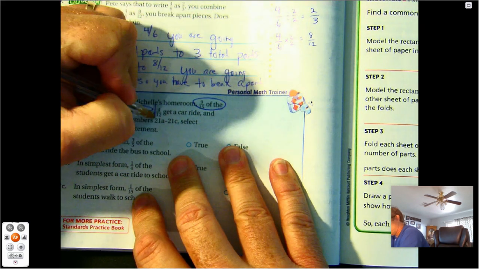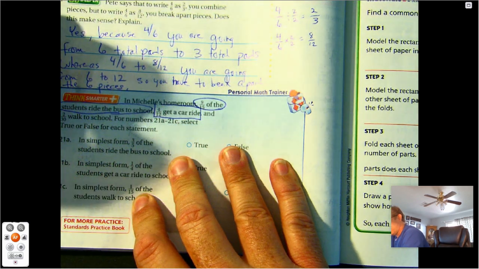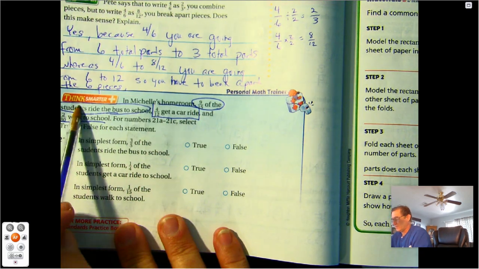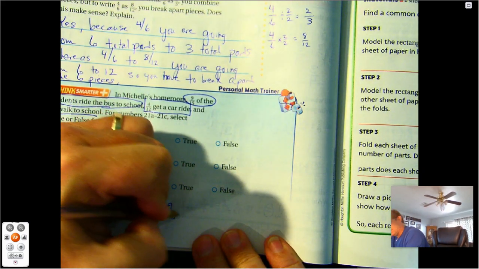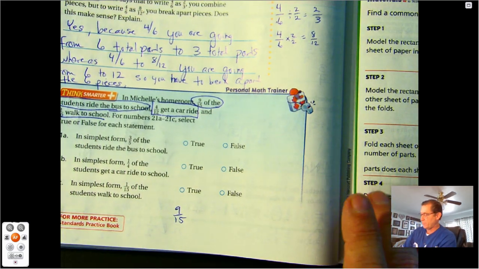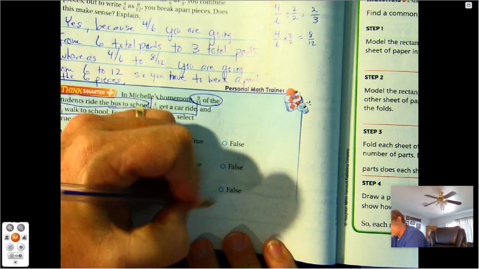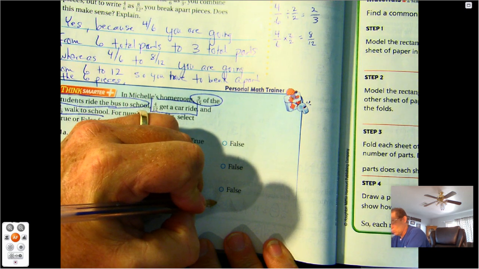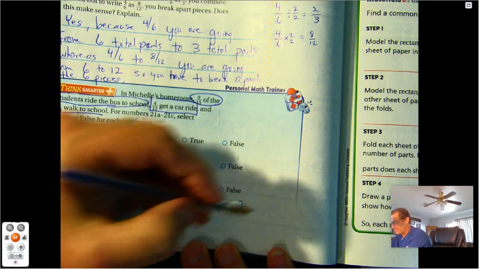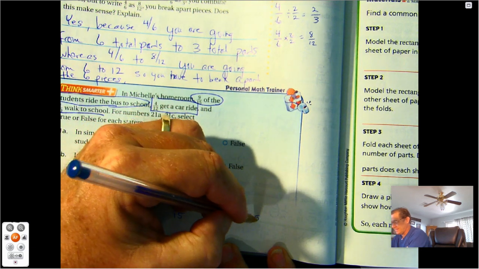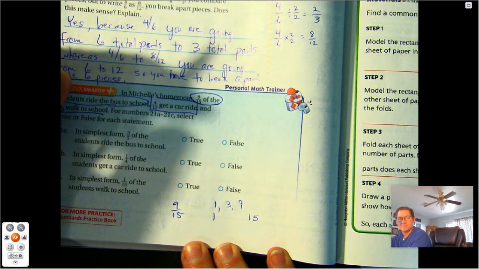So 9/15. Is 9/15 in simplest form 3/5? Let's figure this out. The factors of 9: 1, 3, and 9. The factors of 15, I know 1 and 15. 2 is not. It's not an even number. 5 is, though. 5 times what is 15? 3. 5 times 3.